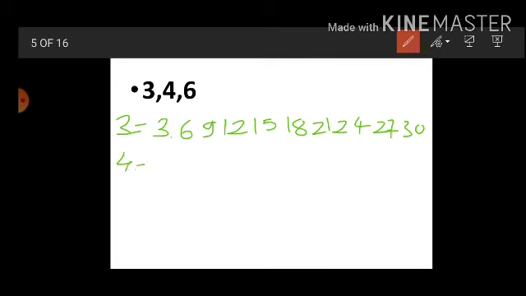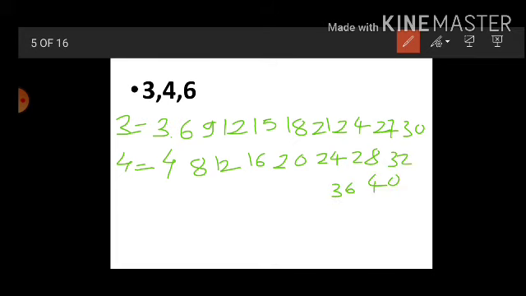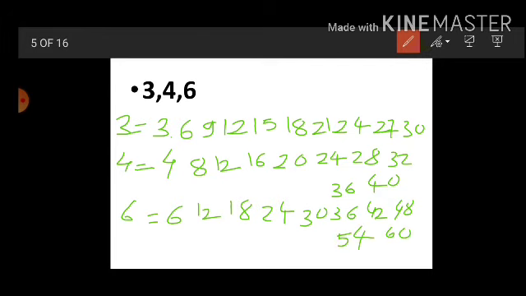Now we write multiples of 4. 4 ones are 4, 4 twos are 8, 4 threes are 12, 4 fours are 16, 4 fives are 20, 4 sixes are 24, 4 sevens are 28, 4 eights are 32, 4 nines are 36, 4 tens are 40. Now 6 multiples. 6 ones are 6, 6 twos are 12, 6 threes are 18, 6 fours are 24, 6 fives are 30, 6 sixes are 36, 6 sevens are 42, 6 eights are 48, 6 nines are 54 and 6 tens are 60.